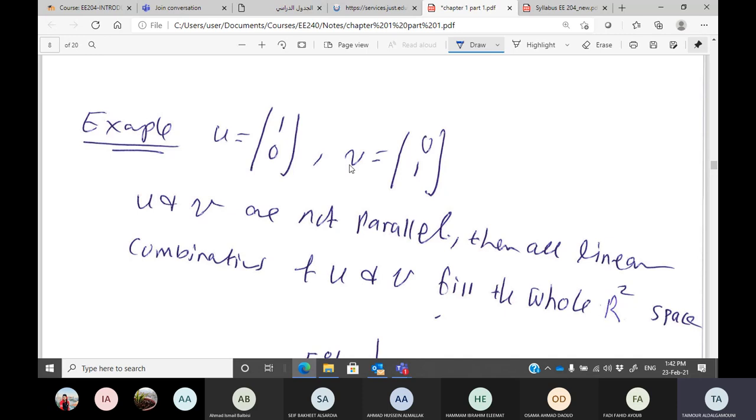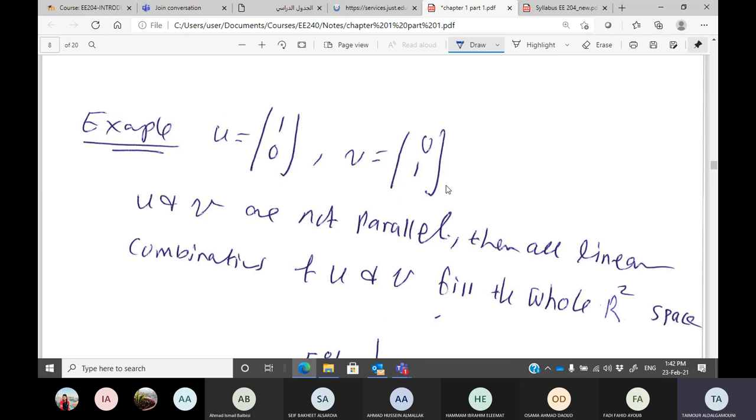Now, if you look at this U and V, they cannot be written as multiples of each other. So their linear combination will fill a plane, right? This plane is the XY plane. So their linear combination will fill the whole of R2. What do we mean by saying the linear combination of U and V will fill the whole of R2?